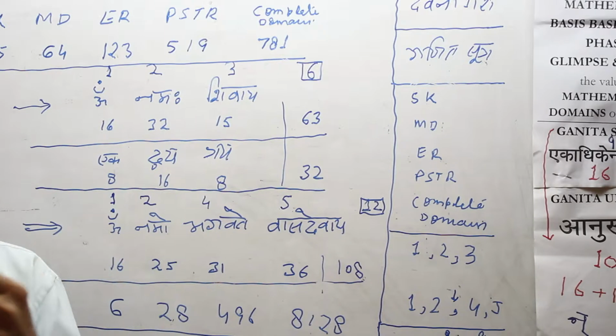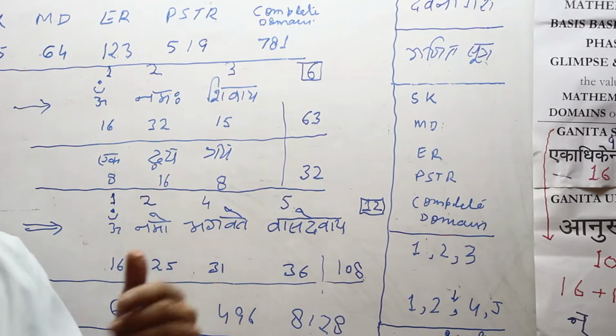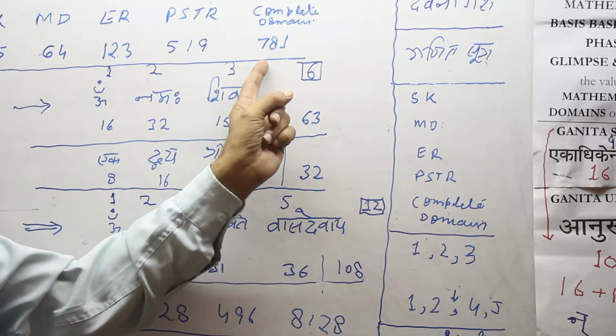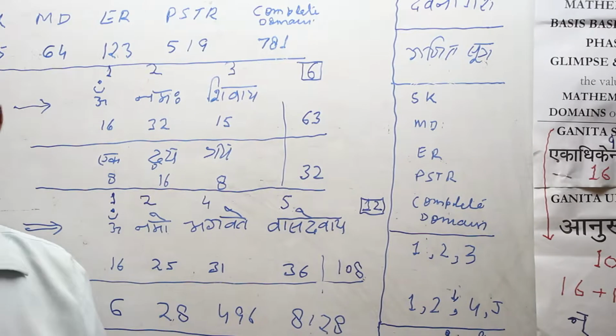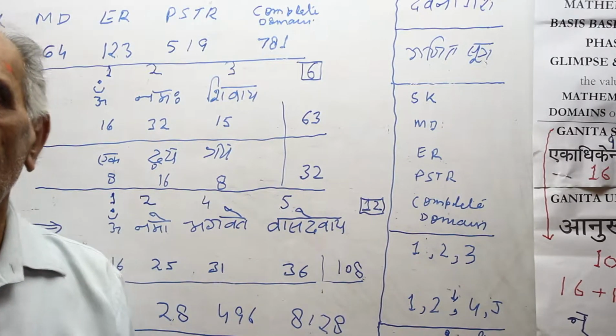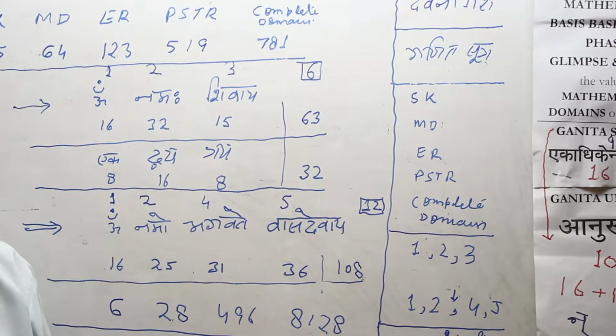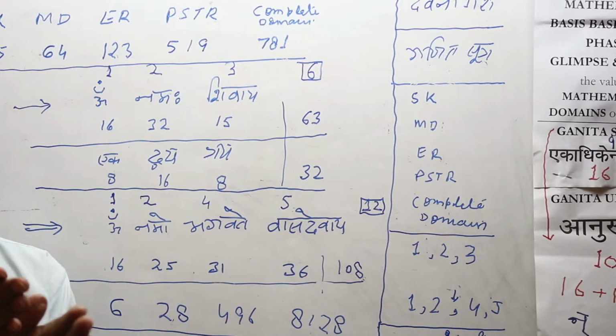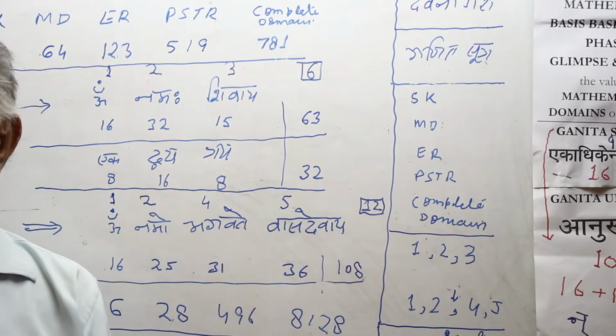And Ganita Sutra 1, more than the previous one, will add value 1, 1, 1 in all 3 branches. It will make 384, and 384 is equal to 28 multiplied by 28, the square of 28, the second perfect number.